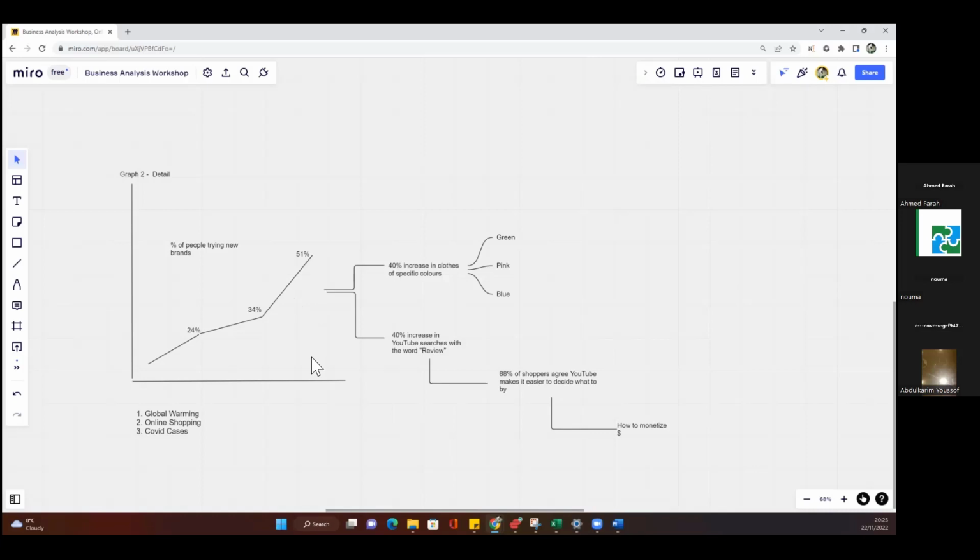So for example, if you have a new brand that's been launched, let's say a fairly new brand like Gymshark. They're trying to compete with the likes of Nike, Adidas, Under Armour, but in the training and gym market.